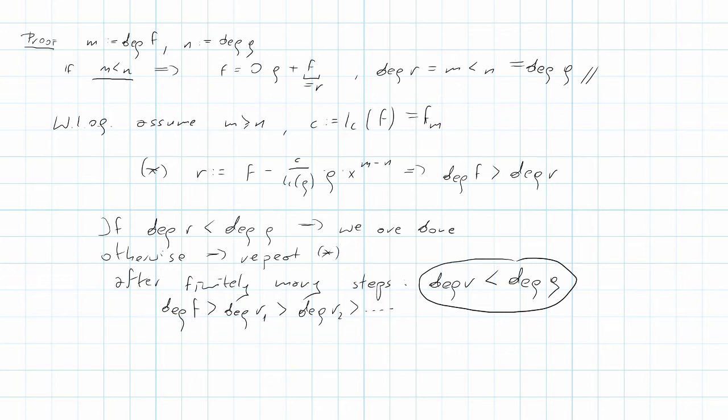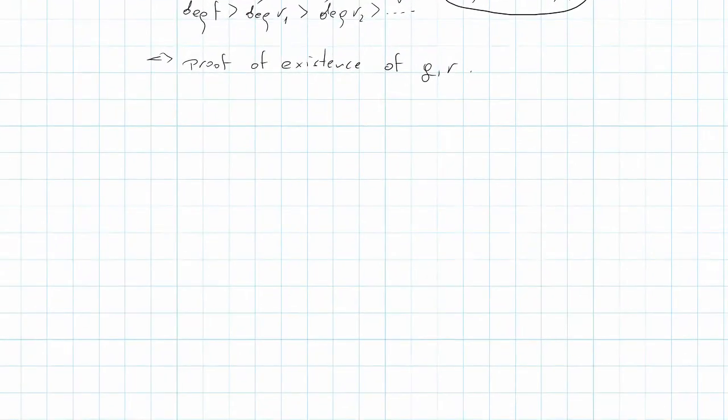So this way we proved the existence of the quotient and remainder q and r. Now what is left is to prove the uniqueness.